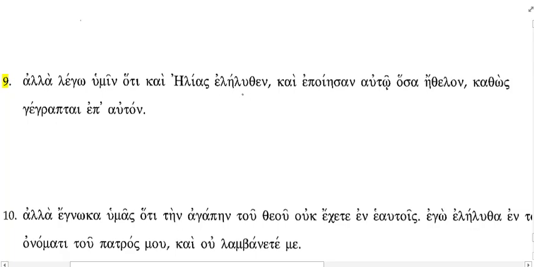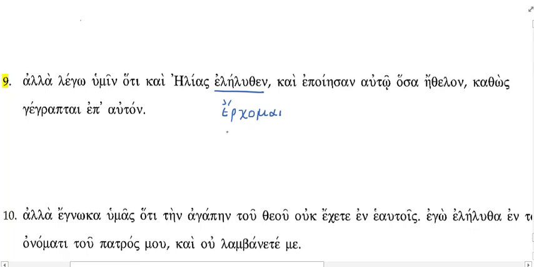eleluthen. This is not anything like the lexical form. Who knows what the lexical form of that verb is? Yeah, this is erchomai. Okay, so what is the aorist form of erchomai? Anybody remember the aorist?